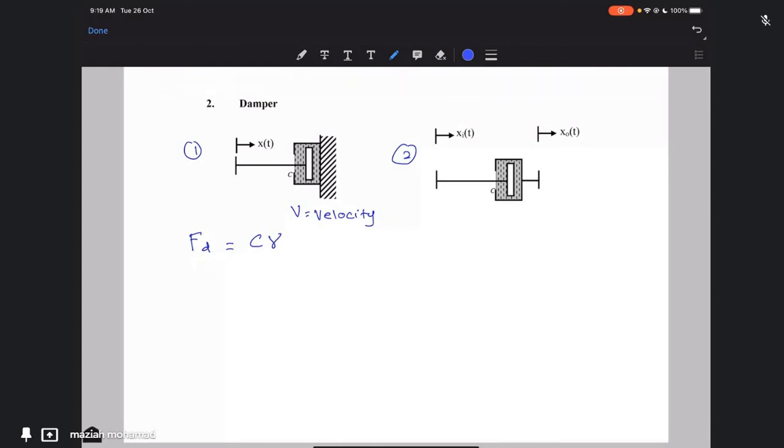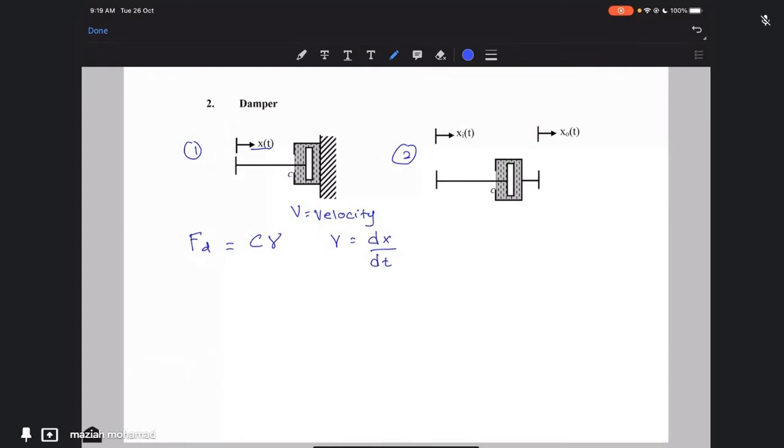But we want to have an equation that contains x in there. x is the displacement. So the relationship between velocity and displacement is, we know that v is also equal to dx per dt.